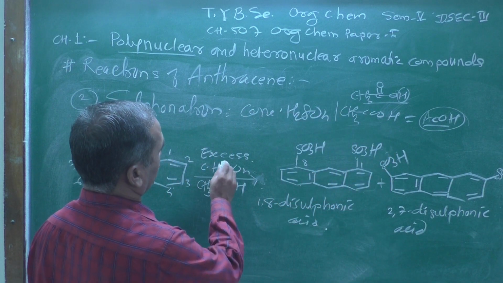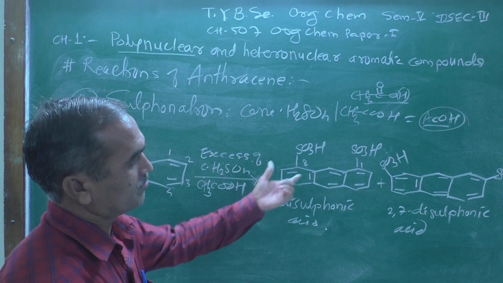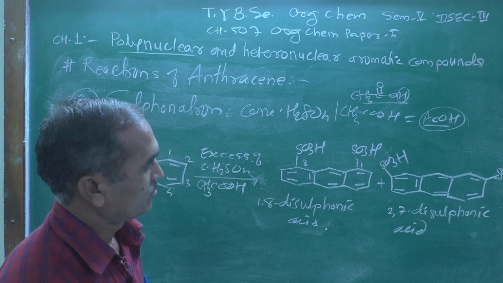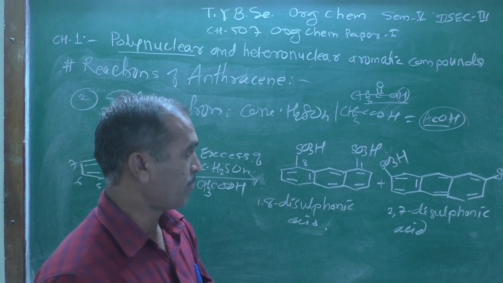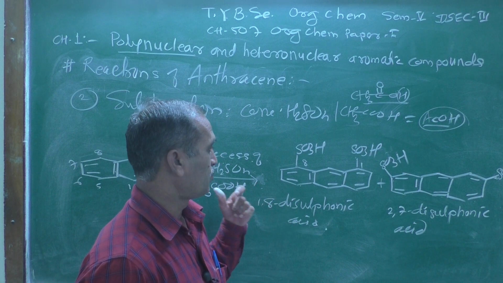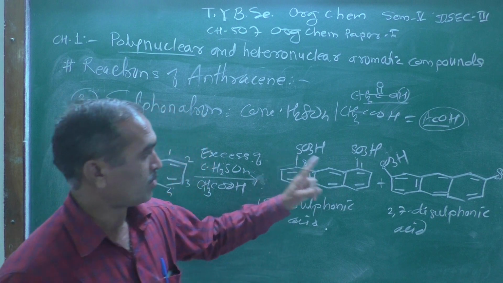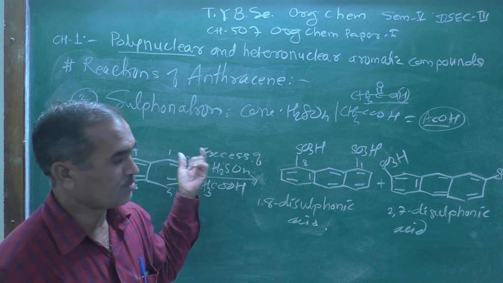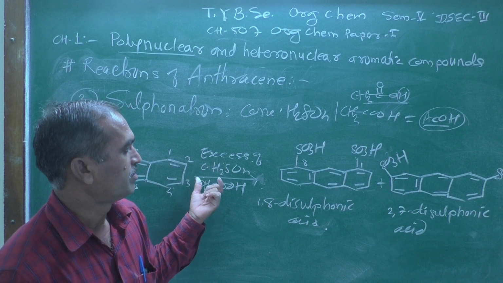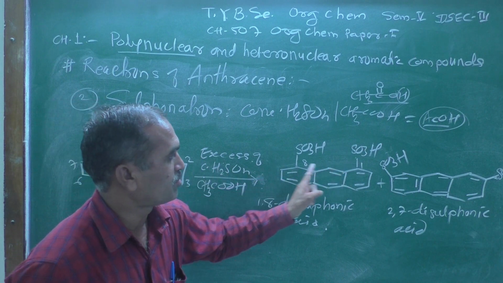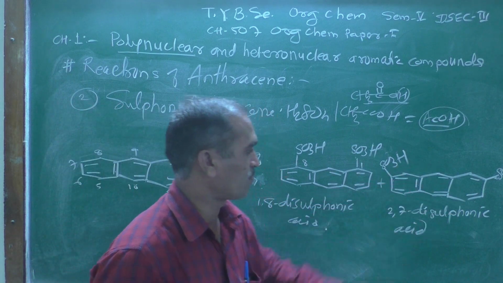While predicting the product, you should remember this. How do you remember this 1,8 disulfonic acid? When you are using an excess amount of concentrated H2SO4, the 1 and 8 positions are alpha positions, and 2 and 7 are beta positions.